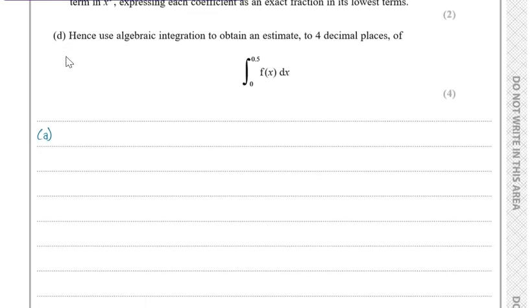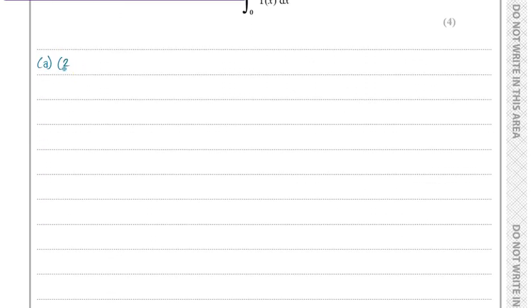So we have been given the expression (2 + 3x)^(-1). This expression is in the form (a + bx)^d, where a is not equal to 1.